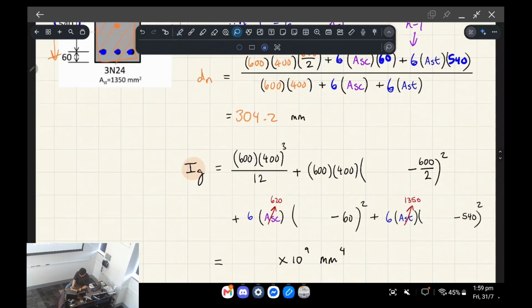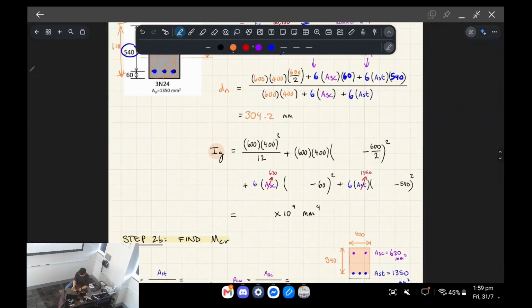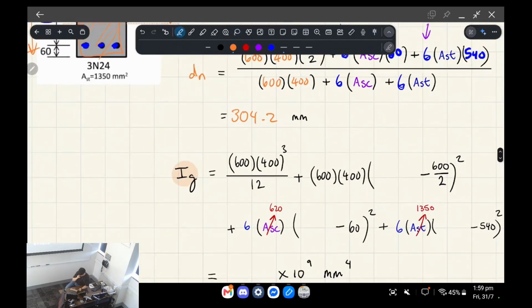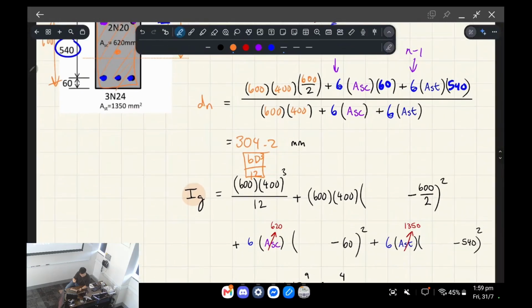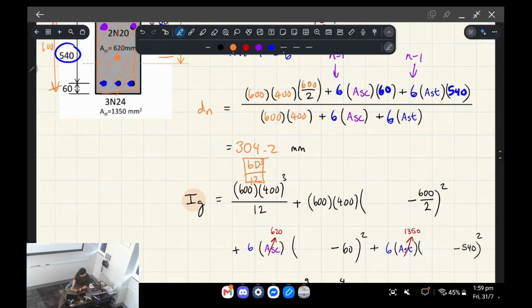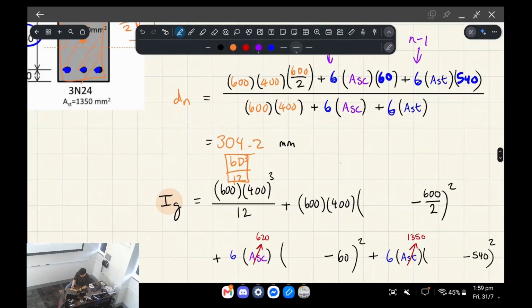Right, and then for the moment of inertia, the calculation is basically you go BD cubed on 12, so that accounts for the concrete rectangle. And then you do this parallel axis theorem shift. What that means is you get the area and you multiply it by the shift distance squared. So that's the area and that's the shift distance.